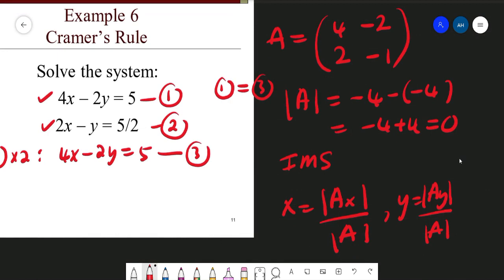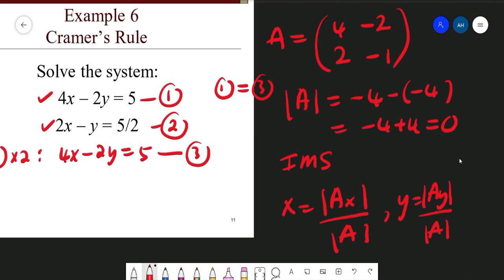We cannot find the solution when the system has no solution or infinitely many solutions. This method cannot distinguish when the solution is infinitely many, at the same time when there is no solution. Cramer's rule cannot tell which one is no solution or whether our solution is infinitely many.